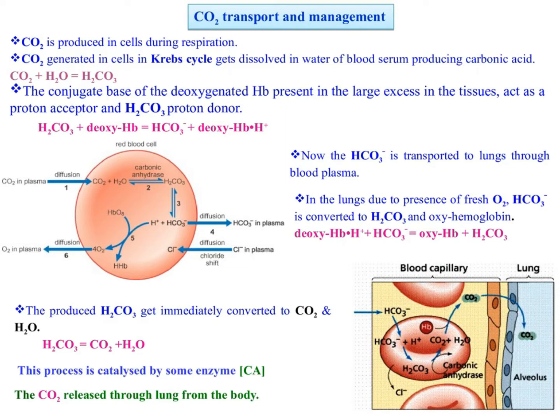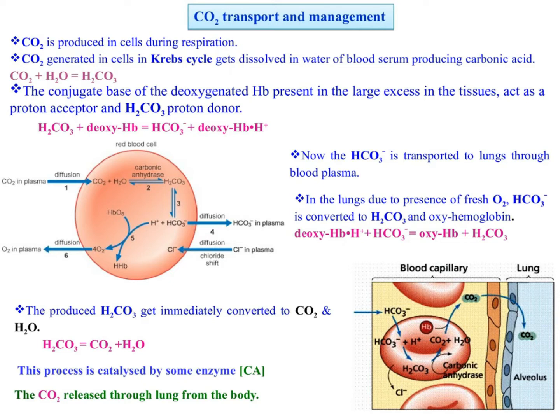Again, we know very well, in the tissue or near the tissue, the concentration of hemoglobin, rather deoxyhemoglobin, is very high, since hemoglobin does not bind with oxygen at the lower partial pressure of oxygen present in the cell or tissue.